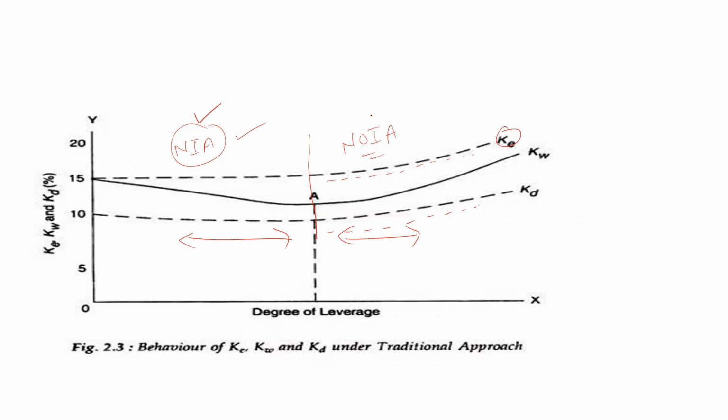But the net operating income approach tells you that employment of more and more debentures shall not produce any kind of benefit. And the traditional approach is an intermediate approach that tells you the employment of debentures shall produce the cumulative impact of the net income approach and the net operating income approach as well. So I hope you have got the complete idea.